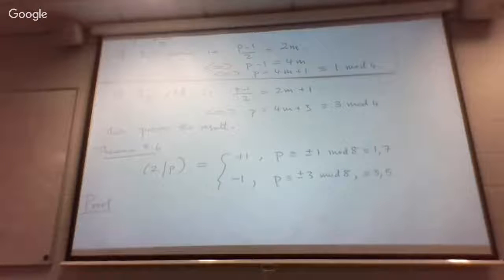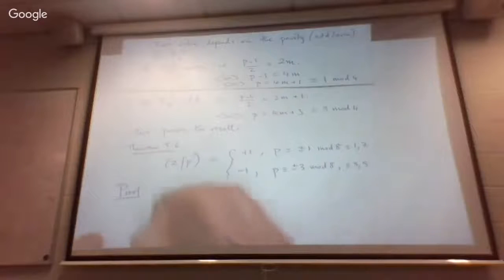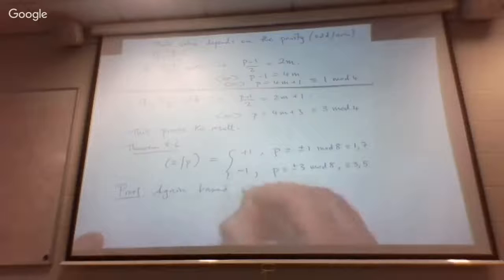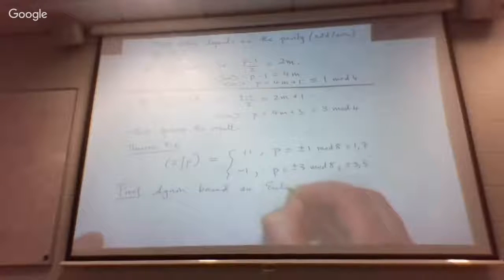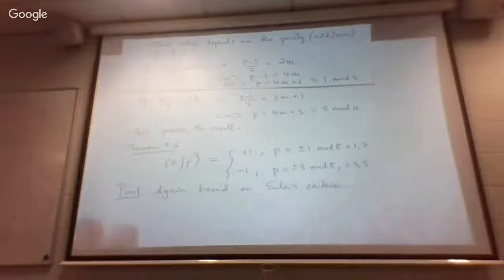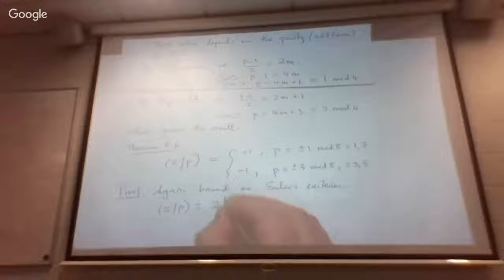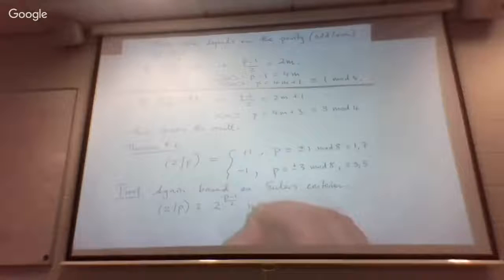Now this proof is again based on Euler's criterion, but not so easily as the -1 case. Euler's criterion says that the Legendre symbol of 2 mod p is congruent to 2 to the power (p-1)/2 mod p.